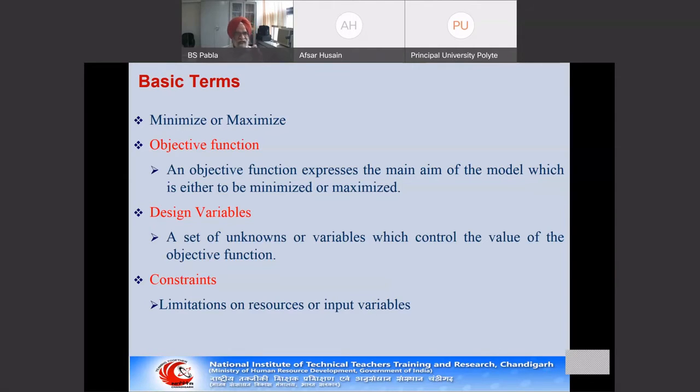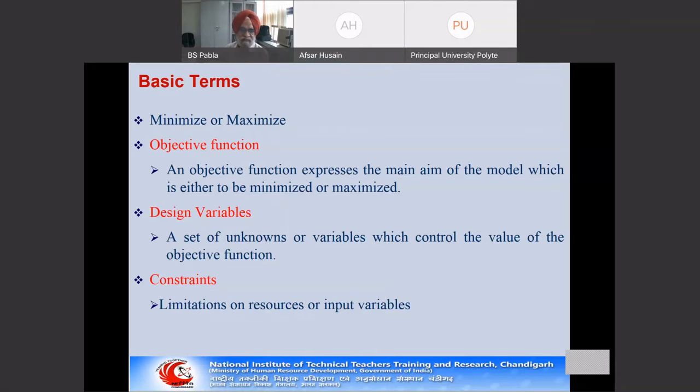It is V, D, and F. So V, D, and F are my design variables which I can change. And by changing these variables, the value of my tool life changes. So these are the variables which impact the value of the objective function.